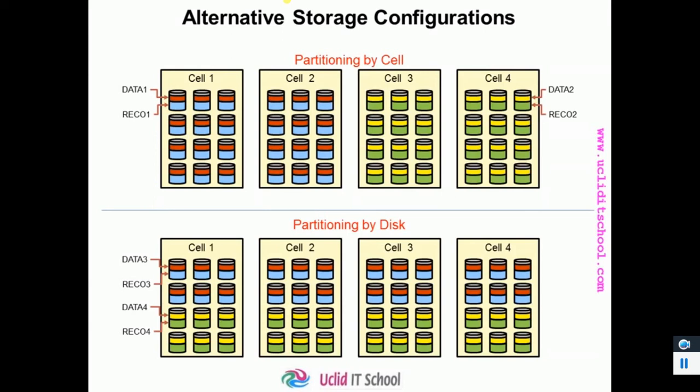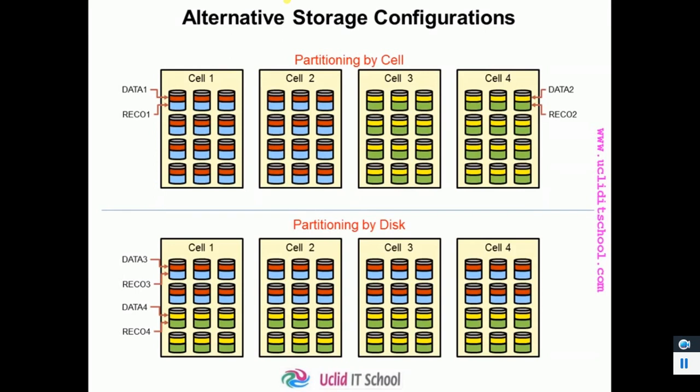That is the standard. That is what Oracle recommends. With that approach, you are striping the data across all the storage servers and across all the hard disks in each storage server.